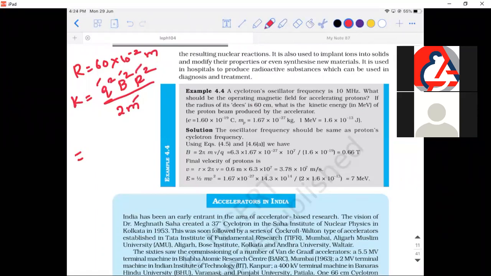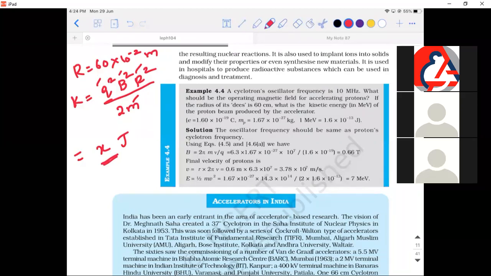If you substitute everything, let us say the kinetic energy is coming out as X joules. You will get the answer only in terms of joules, not in electron volt. Can someone tell me the conversion between a joule and an electron volt? Sir, 1 electron volt is equal to 1.6 into 10 to the power of minus 19 joules.